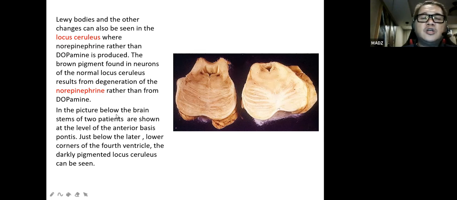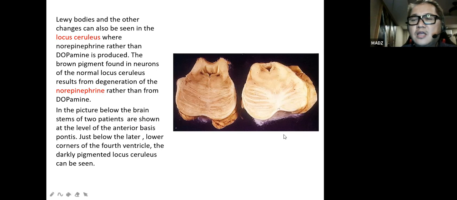So in the picture here, the brain stem of two patients is shown at the level of the anterior basis pons, or at the level of the pons. Just below the lower corners of the fourth ventricle, the darkly pigmented locus ceruleus can be seen. So in here, this is the fourth ventricle, this is the locus ceruleus. And then in patients with Parkinson's disease, it loses its pigmentation.